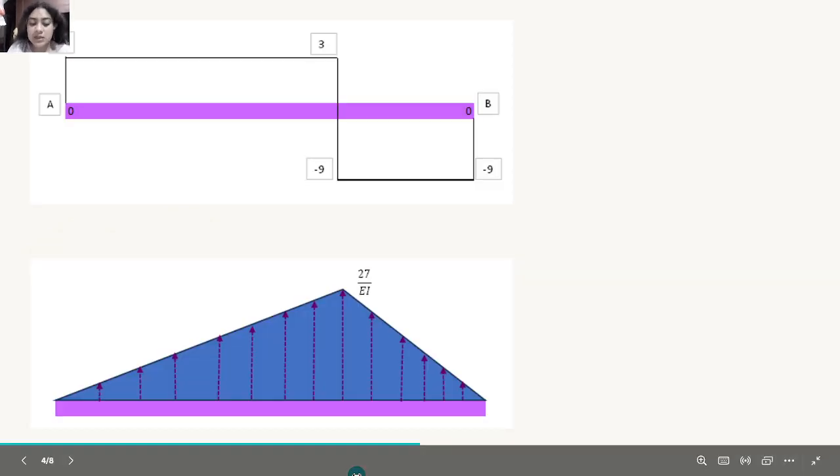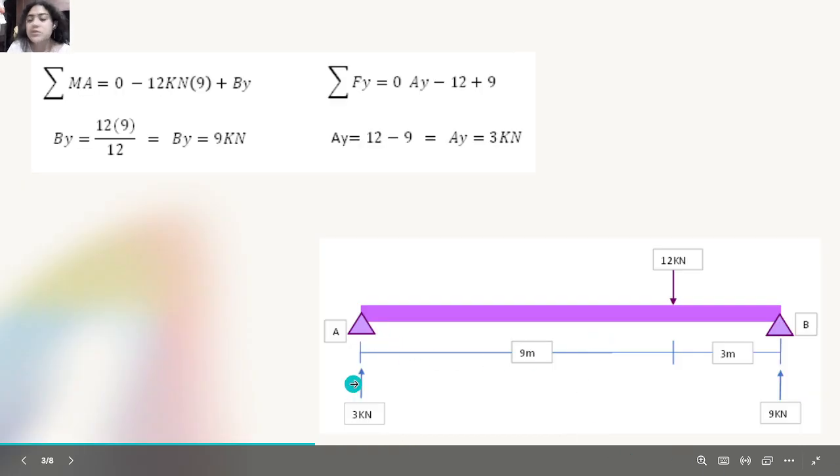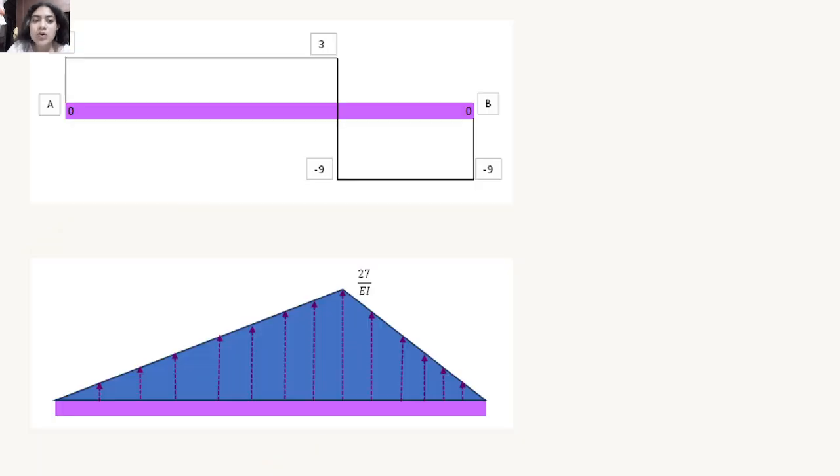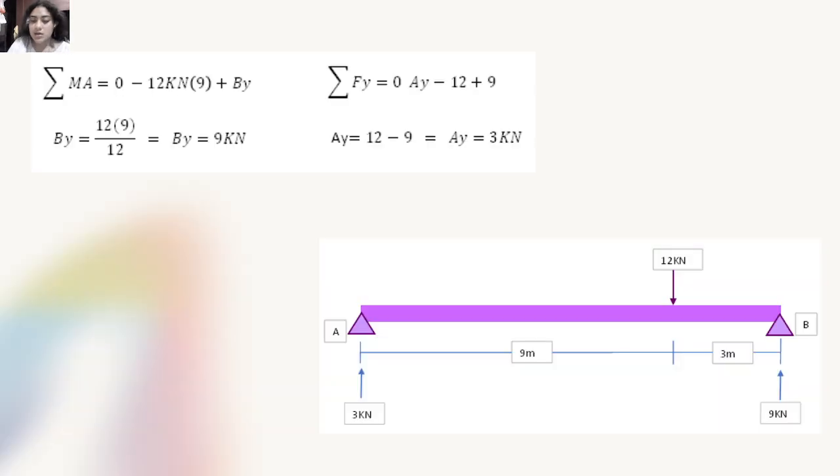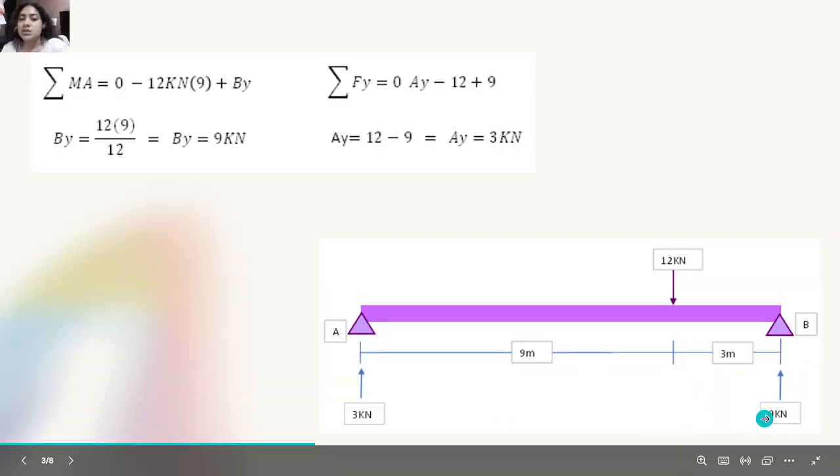And then with a force consecutive at the 9 meters and down 12, in my shear diagram I use 3 up, and then consecutive the 3 less 12, and my result is less 9, and at the point of the 9 meters it's 9, and then consecutive and up 9. It's my shear charge in the step.